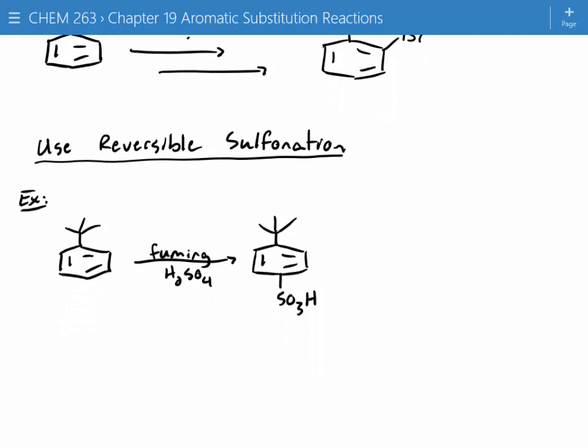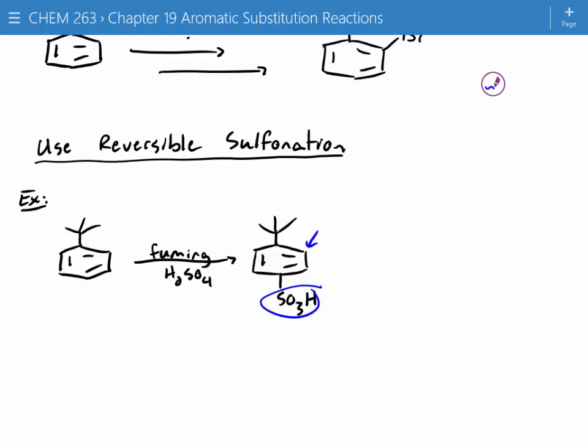Is the sulfonate group electron withdrawing or donating? It's withdrawing, right? So will it be ortho, para, or meta director? So if we look at this group, it's going to favor the meta position because it's electron withdrawing.